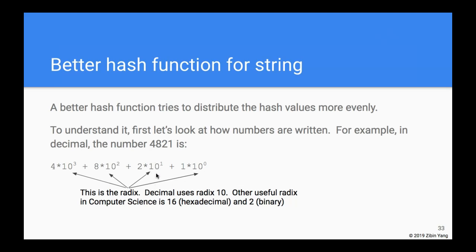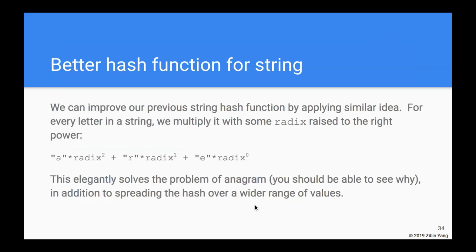So the radix in this case is 10, and that's what the decimal system uses. In computer science, you have probably seen the hex system that uses the radix 16, and the binary system, which obviously uses the radix of 2. We can apply the same idea to strings.